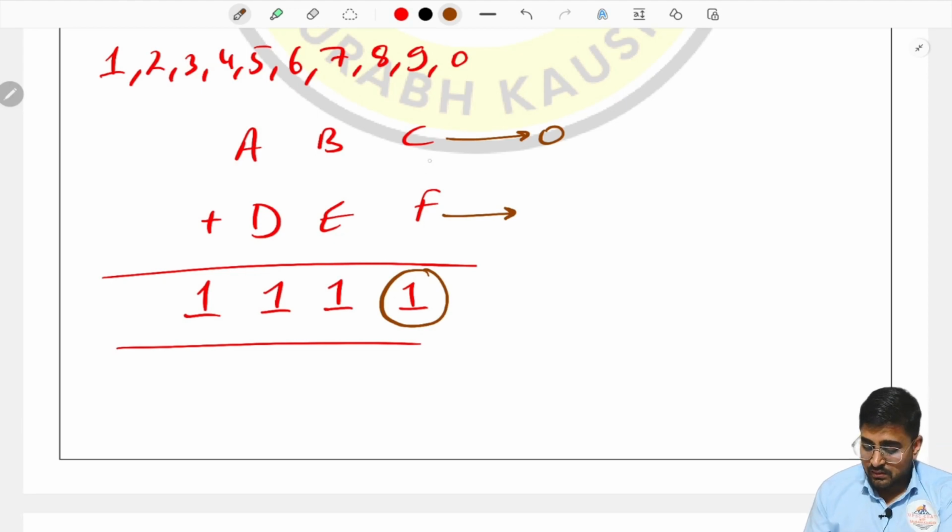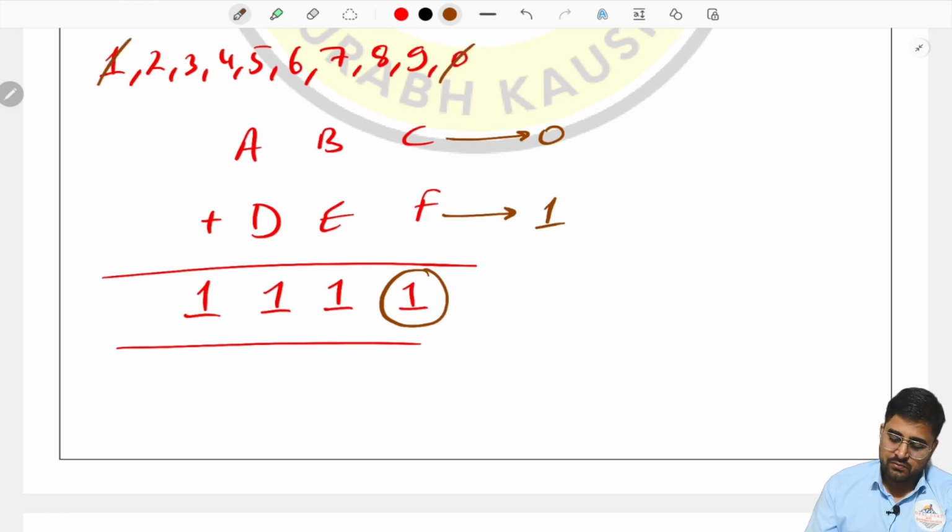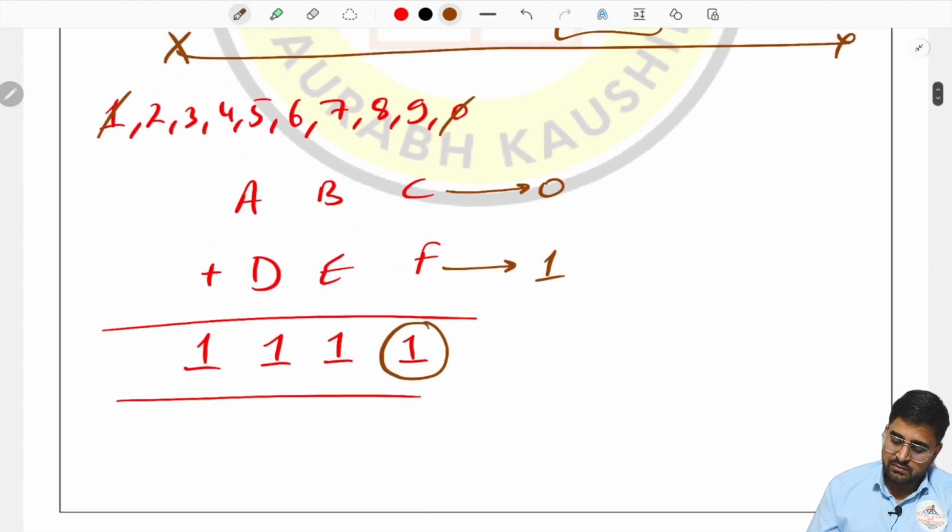Thank you. If C becomes 0, then there is a high possibility that we can use 1. Okay, so no carry forward. Now we have B and E. If we use 9, it will give you 1 carry.